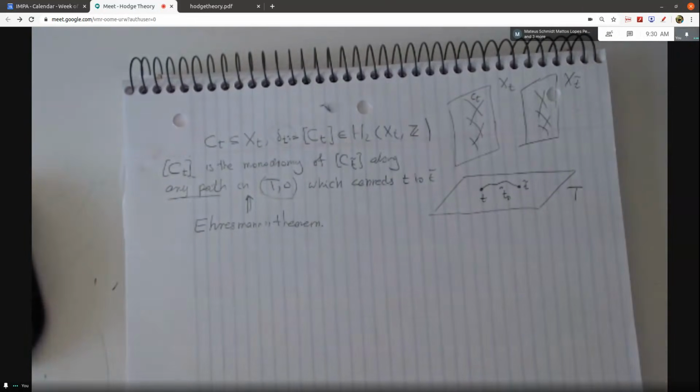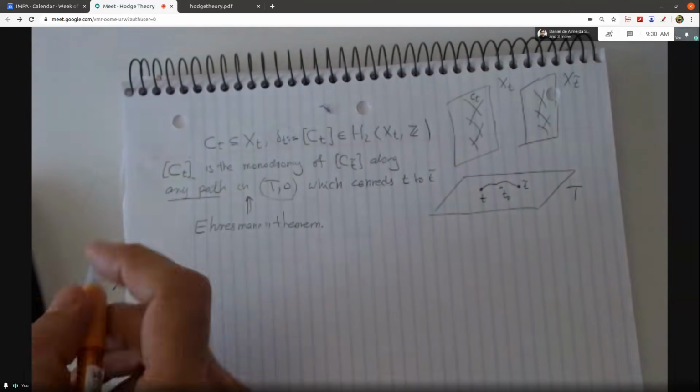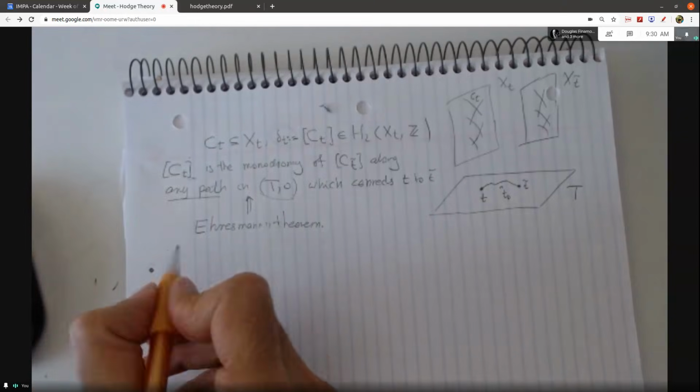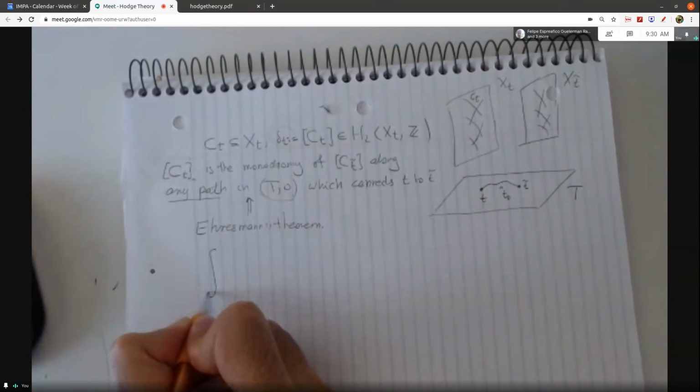Okay. So once I get this one, then okay. So remember that last time we defined the Hodge cycle.